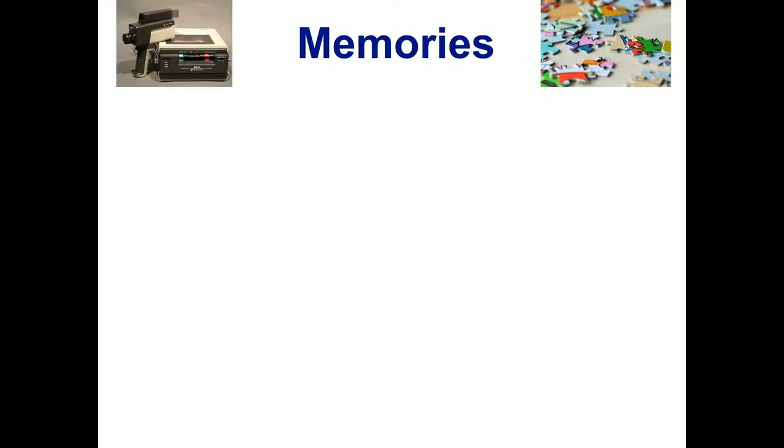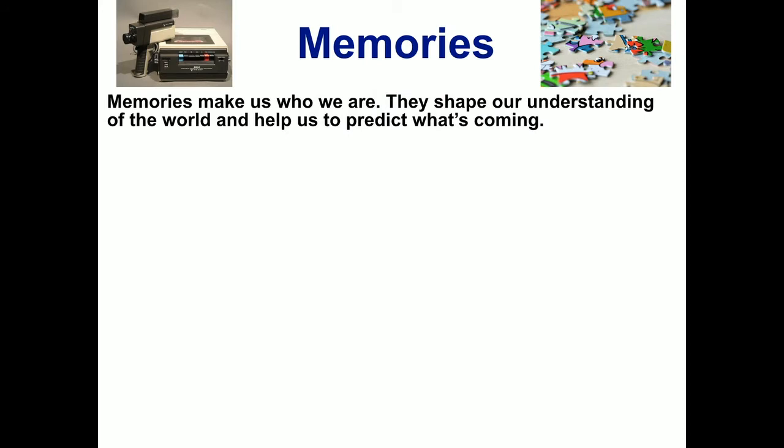Now, for many, many years, we kind of thought that memory was a bit like a video recorder. We know that memories are what shape our experience of the world. Also, memories are instrumental in us being able to predict certain things. So the brain will fill in various gaps.